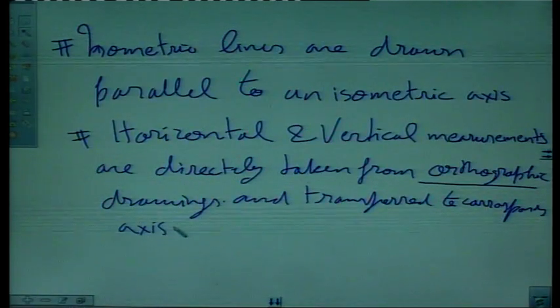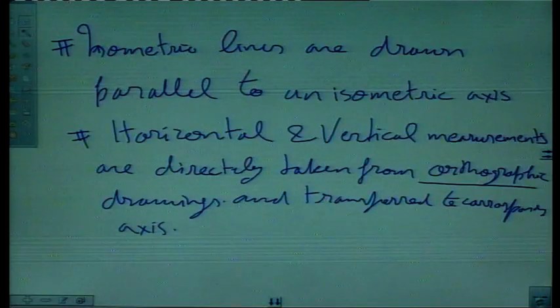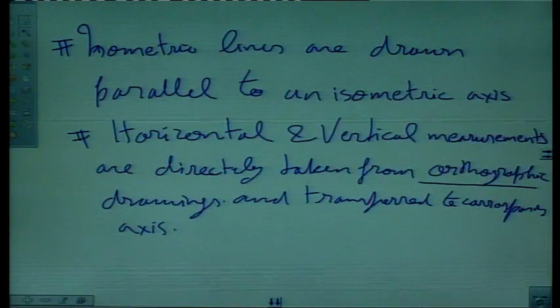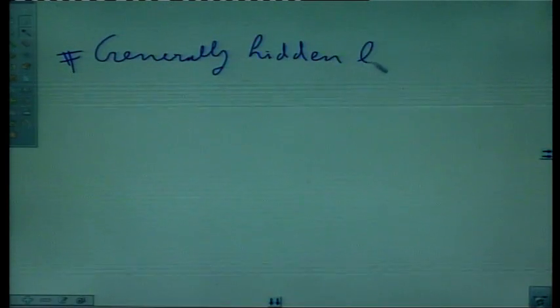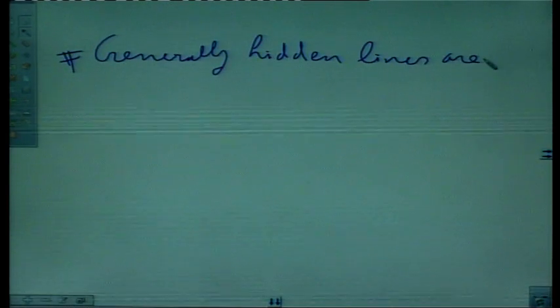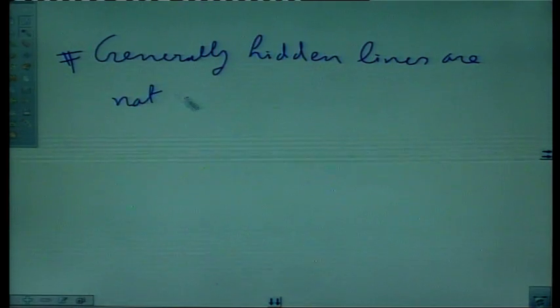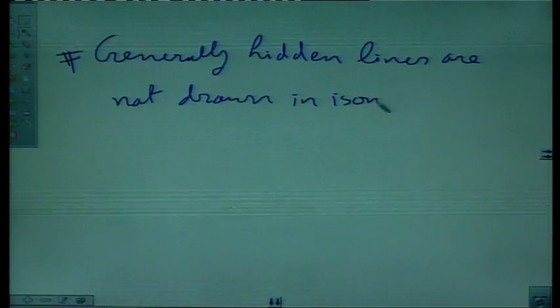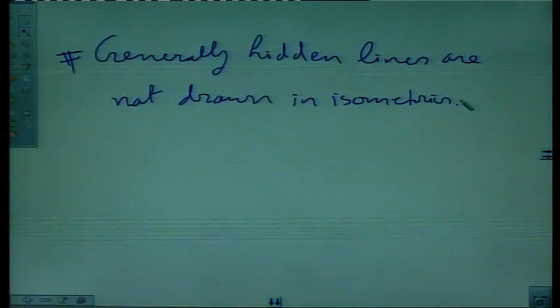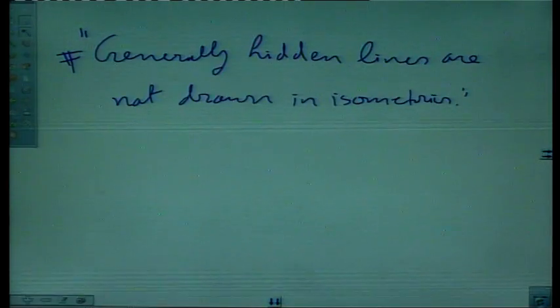That is, the length component will be transferred to the length axis and width to the width axis, etc. And one more point: generally, hidden lines are not drawn, but we can draw them if required.